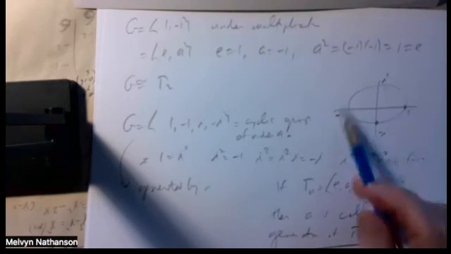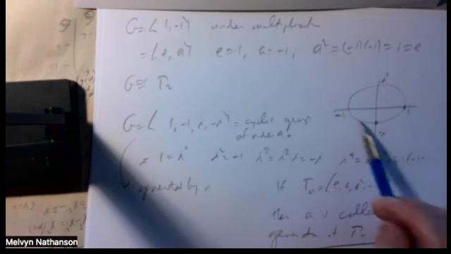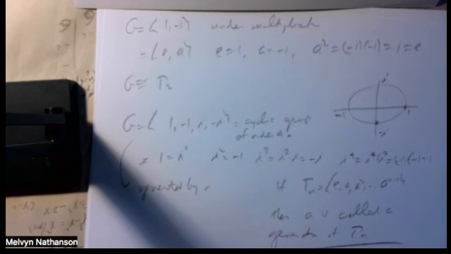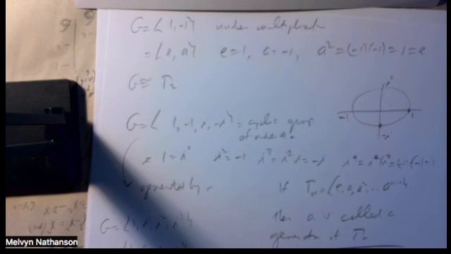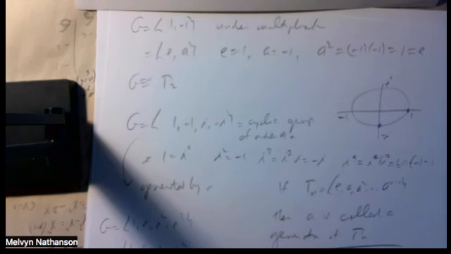And if I take these four complex numbers on the unit circle, plus or minus 1, plus or minus I, they form a cyclic group of order 4. This G is 1, I, I squared, I cubed, which in order is 1, I, -1, minus I. Any questions about this?